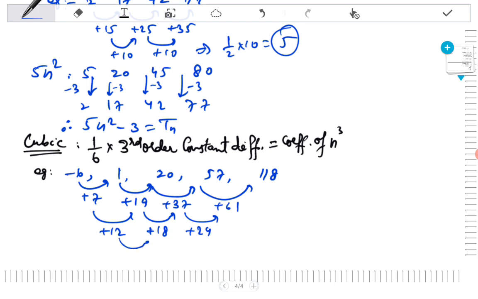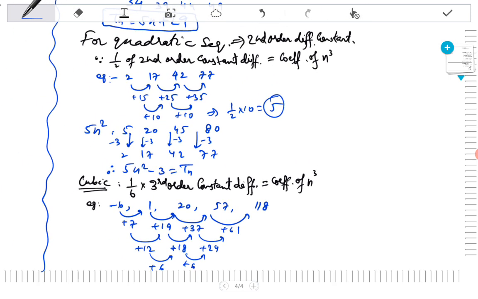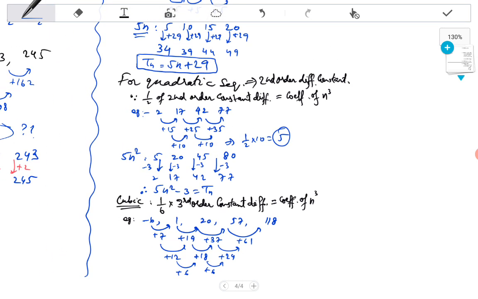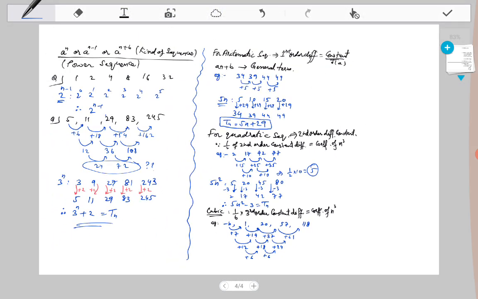Again not constant, so try the third order. So it's plus 6, plus 6. So we have the third order difference constant now. So you can use the formula of 1/6 of the third order difference as the coefficient of n cubed. I'm just going to write that over there.